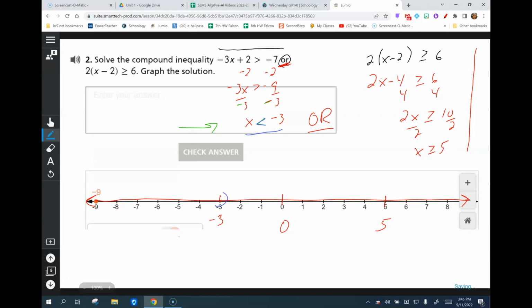Less than means it's going to be an open circle, and it's going to go to the left, because all the numbers that are smaller than negative 3 are over here. Or x is greater than or equal to 5. So we have a closed circle, and it's going off in this direction. And when we have an or, that is our solution. Both parts of the inequality have to be on there.